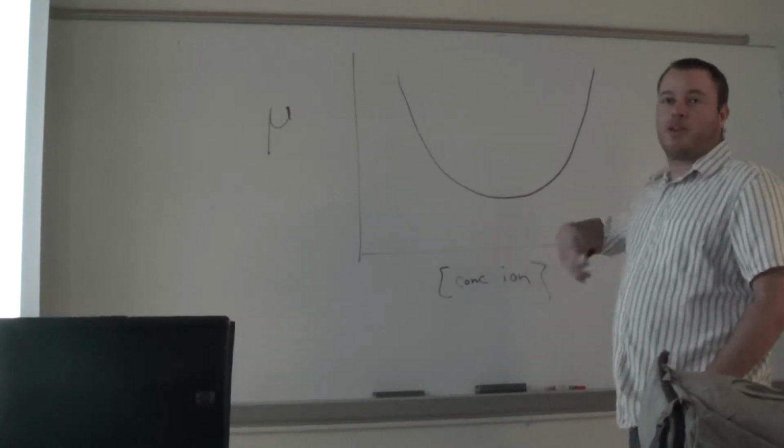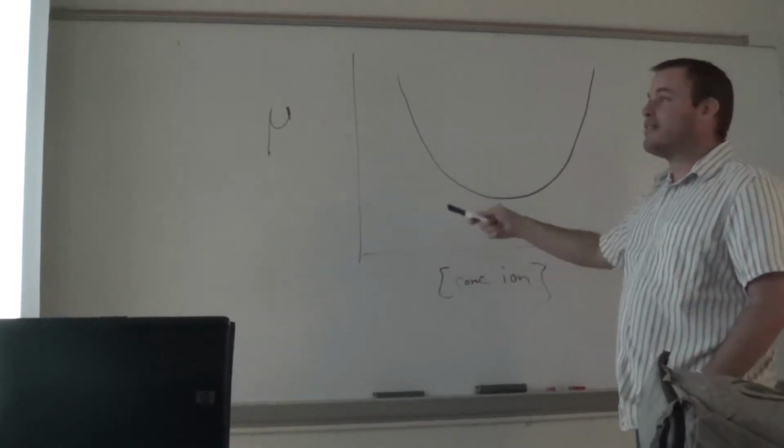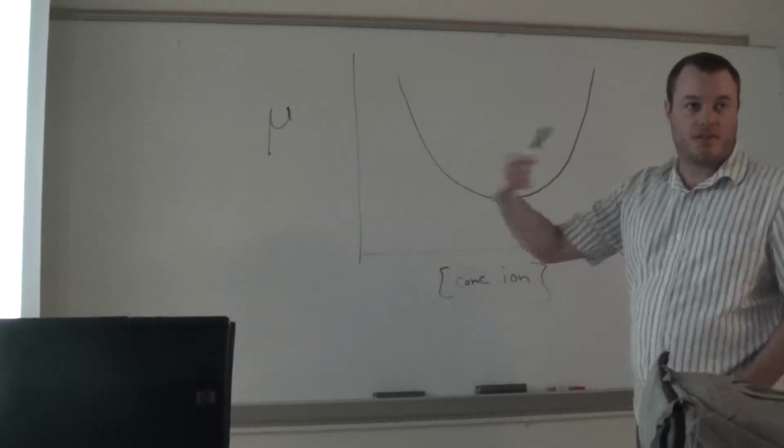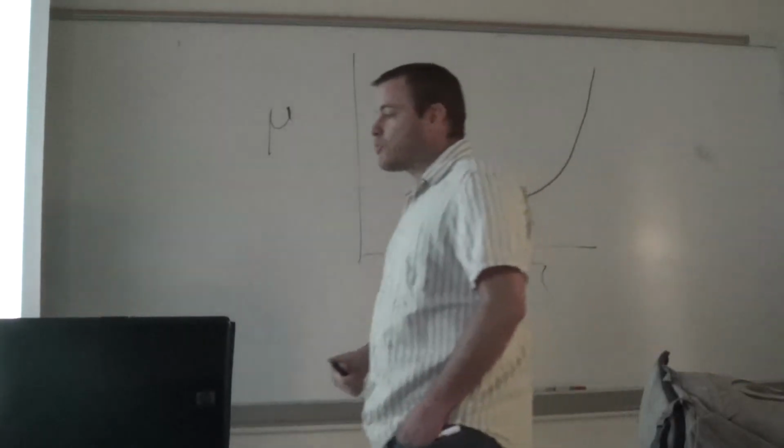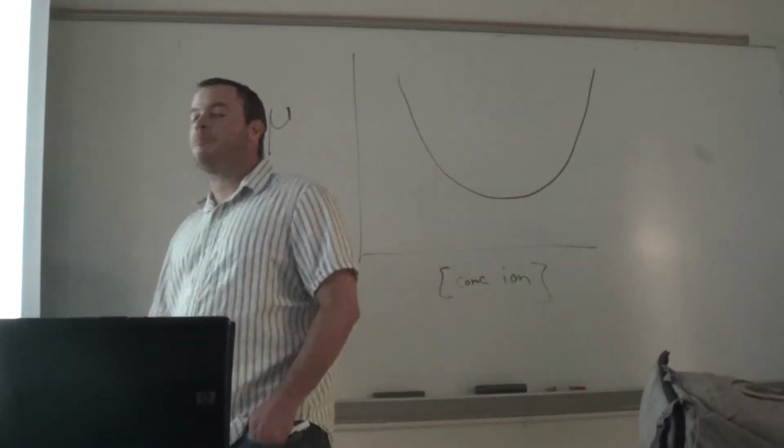Then we have the effect whereas the solution becomes too saturated with ions, it becomes harder and harder to continually add new ions to the solution. And so the chemical potential starts to rise as concentration builds.